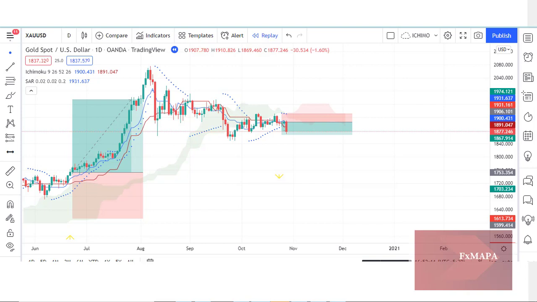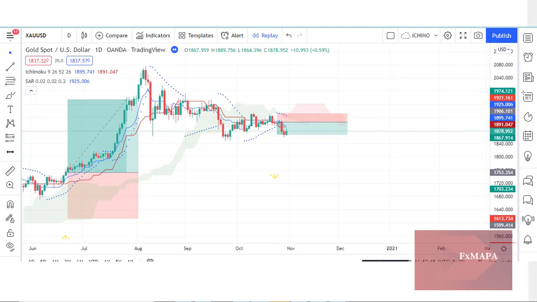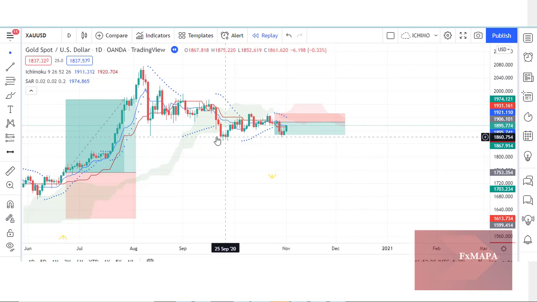Let's see what happens to our trade. Now our trade is running in profit. Now we have won the trade.